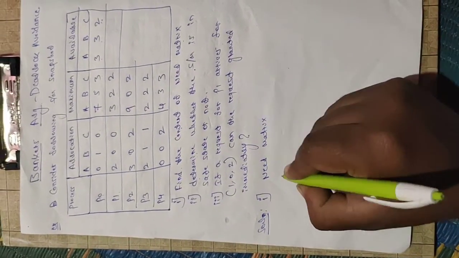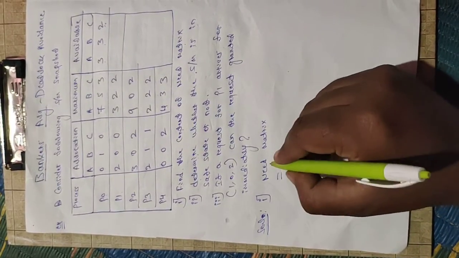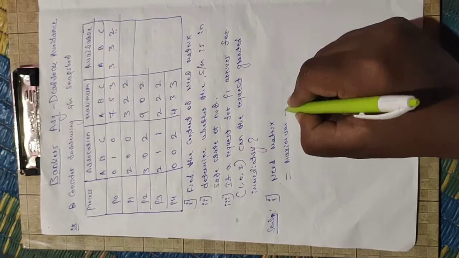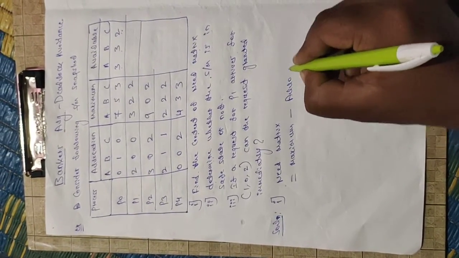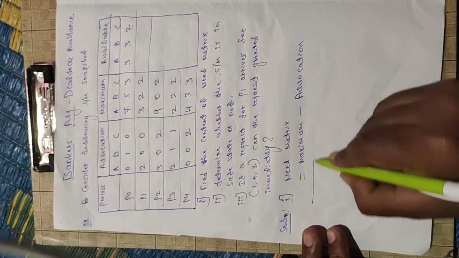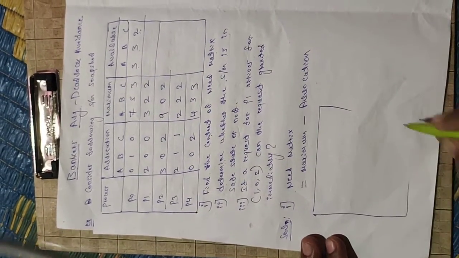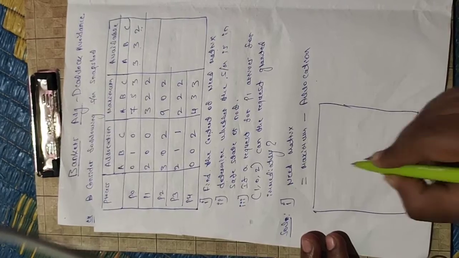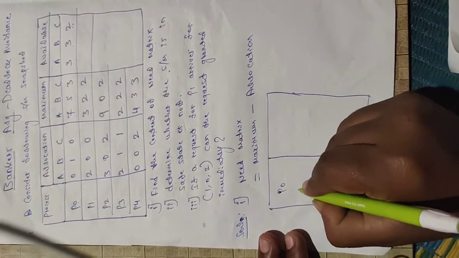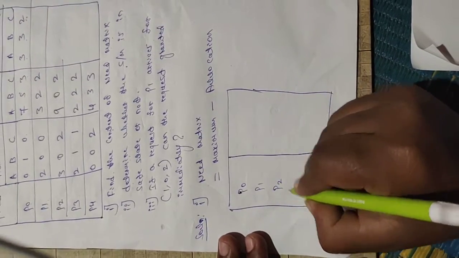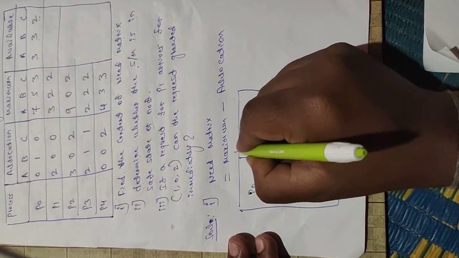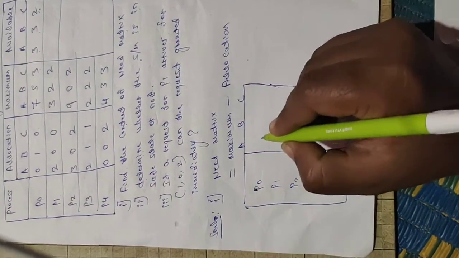Need matrix is equal to maximum minus allocation. So what we can do is calculate the need matrix of all the processes P0, P1, P2, P3, P4, with columns A, B, C, because we have 3 types of resources.